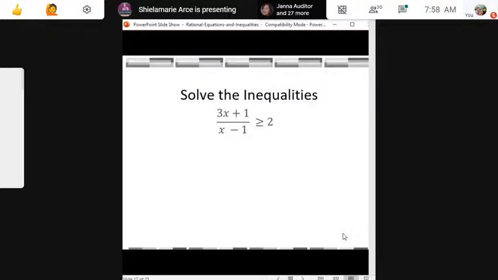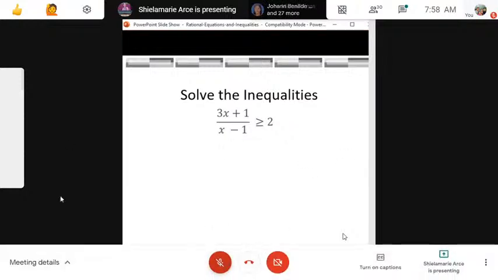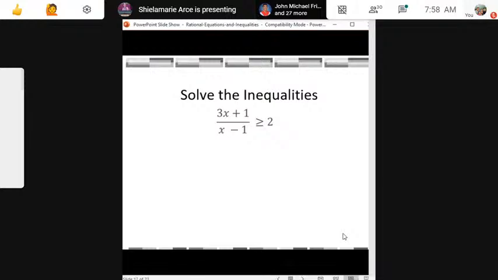Lay. Ano na yung magiging resulting equation kapag ginawa na natin na yung right side ay maging 0? Lay, tulog ka pa yata. Let's have Mike.